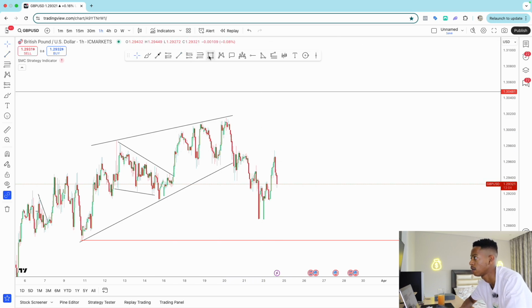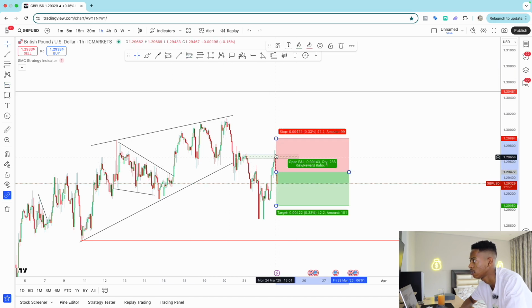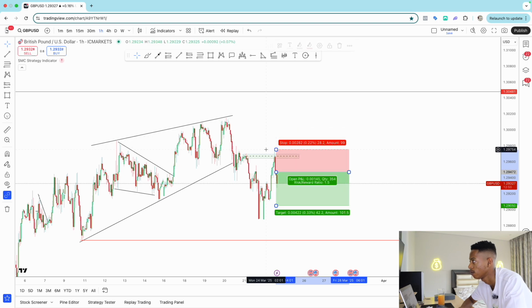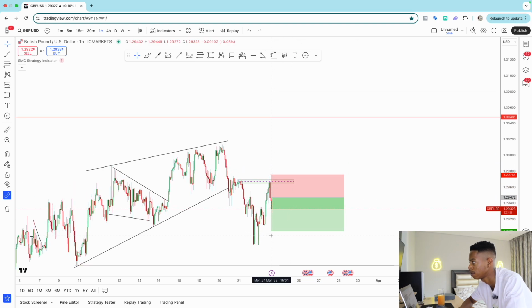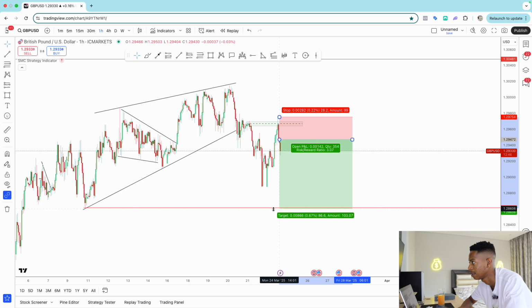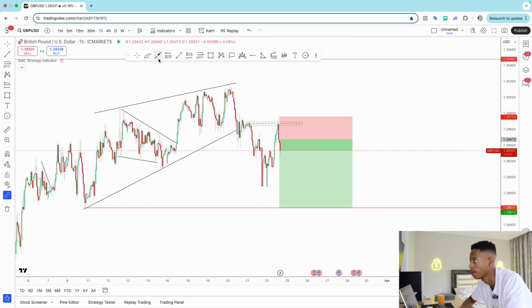Price came back to retest the previous lower highs, and as soon as it gave this engulfing candlestick right here, this would have been a nice clean entry for a sell. Obviously, stop loss just being above, and take profit being here, as long as it's more than a 3%. Let's see. Yes, 3%. That's dope. That's beautiful.